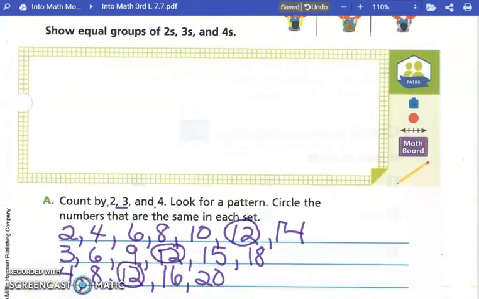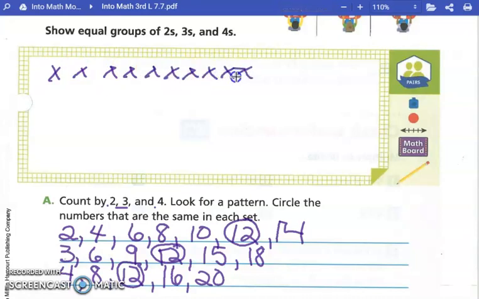And we're going to take 12 and we're going to divide it into groups of 2. So let's make 12 X's, or you can make circles, whatever. Okay?